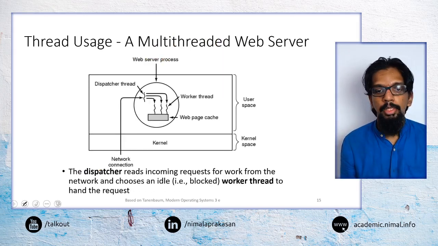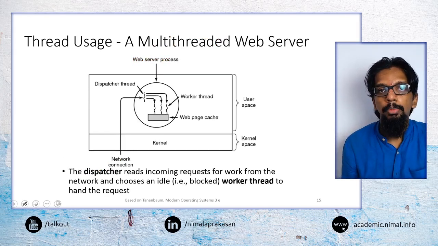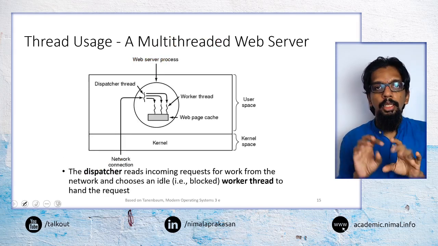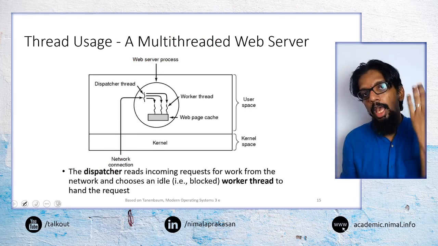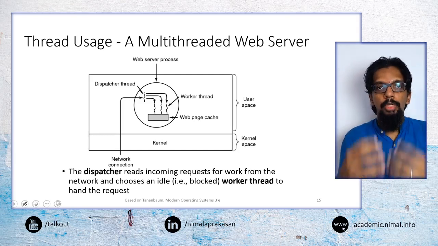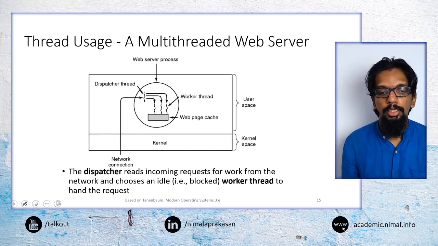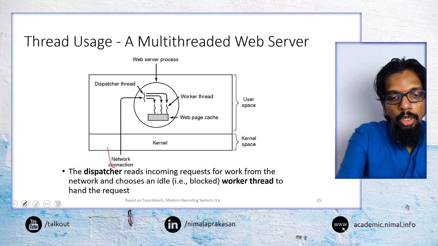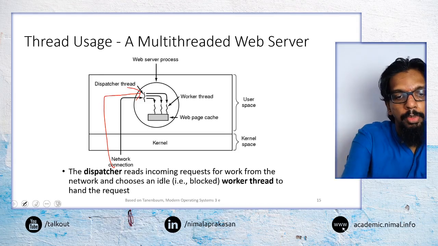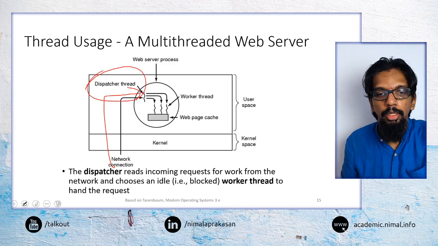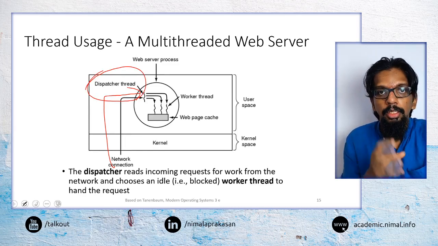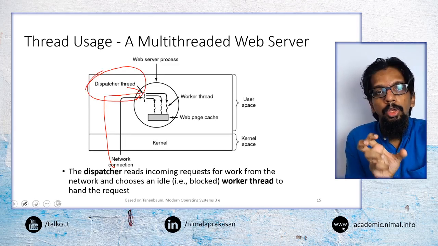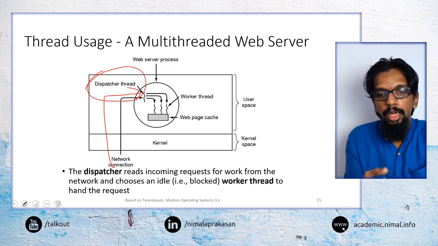Another example that we can have is, say for example, a web server. You are sending some request to the web server, and in the back end it has to respond back to the request that is coming. All the requests that are coming can be collected by what is called a dispatcher thread. The dispatcher thread is the one that is going to receive the request and manage that.